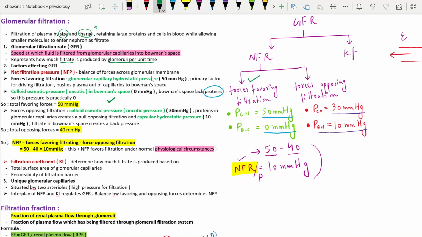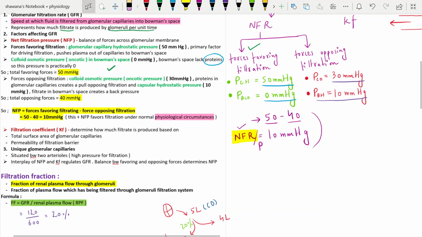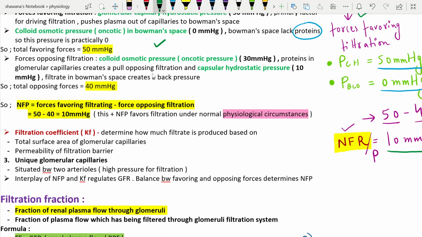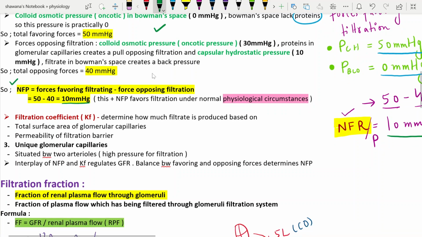The oncotic pressure in the capillaries, which is due to the plasma proteins, is an opposing force. And the capsular hydrostatic pressure is also an opposing force. So adding all these forces, we reach the value that 10 mmHg is the net filtration pressure. According to this formula, the net filtration pressure is equal to forces favoring the filtration minus the forces opposing the filtration, and we get the term 10 mmHg.